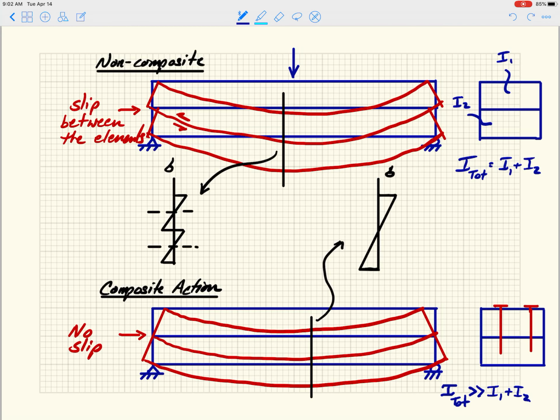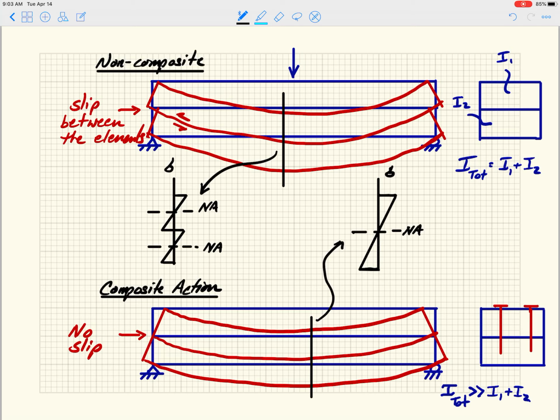Here, we only have a single neutral axis, right in the middle of the global cross-section. So that's two neutral axes, and this is a single one.